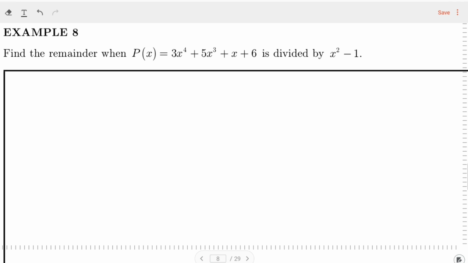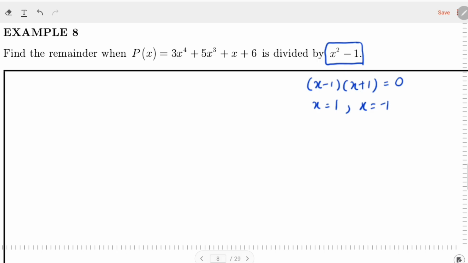So the first step, in order to use the remainder theorem, we need to factorize our divisor first. Factorizing x squared minus 1 will give us x minus 1 and x plus 1. Equate equals to 0. So we get x equals 1 and x equals negative 1.